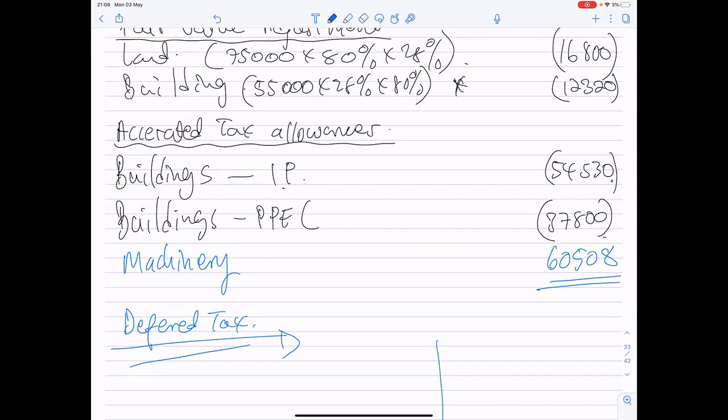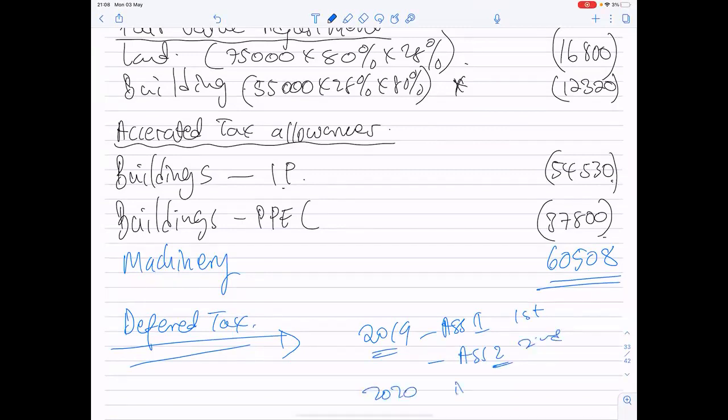Now, look at the 2019 assignment 1, first semester, and our assignment 2 is the one that we did just now. Then you can also look at 2020 assignment 1, first semester, and assignment 1, second semester.